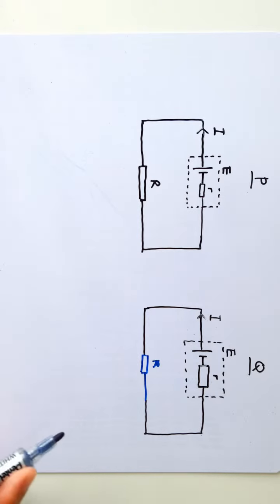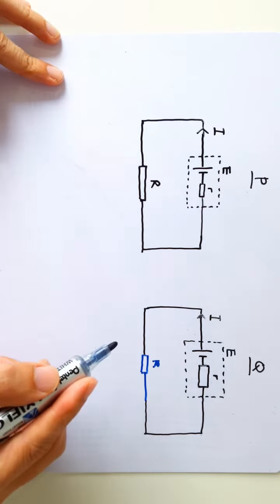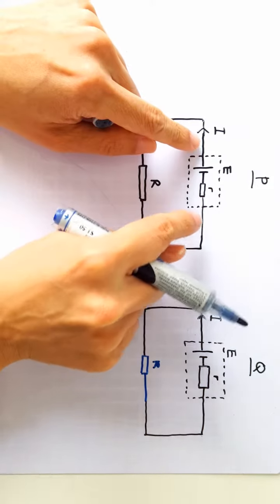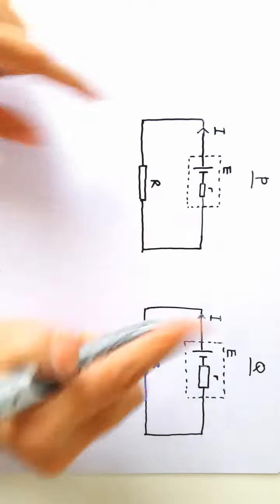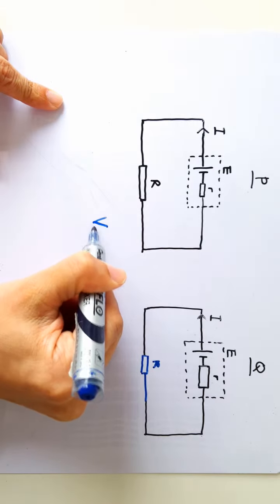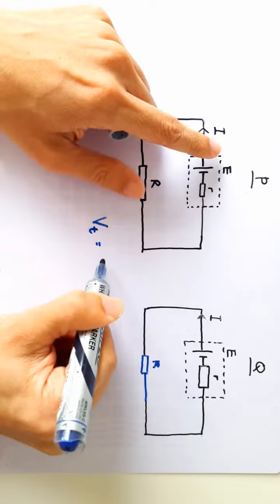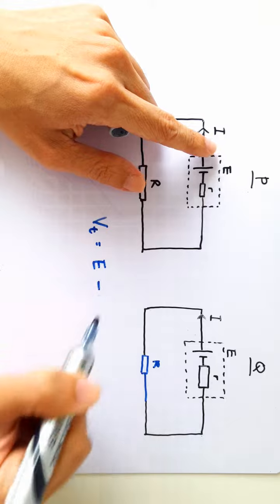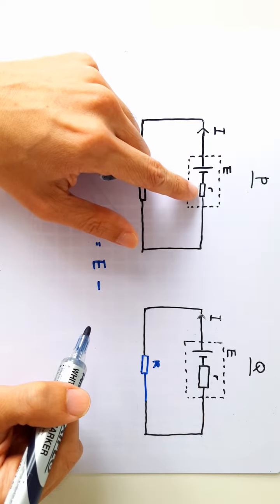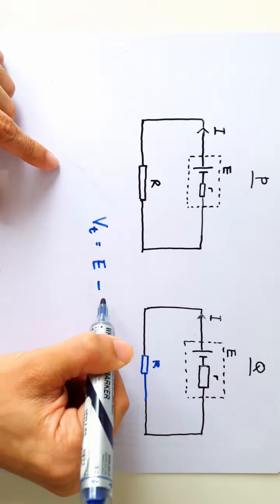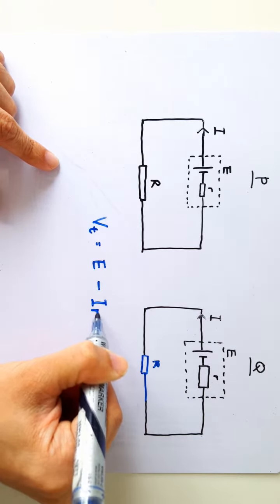Alright, so let's talk about terminal PD first. The terminal PD is the PD between these 2 points, and it's easy to just think of it as the EMF minus the potential difference in the internal resistance, and that will be I times r.